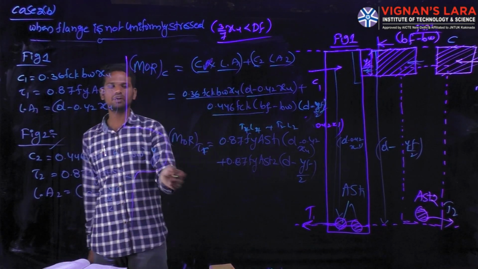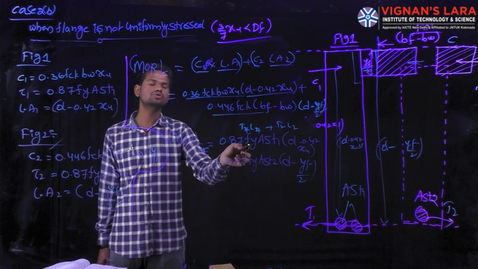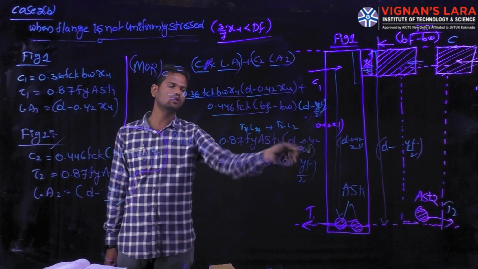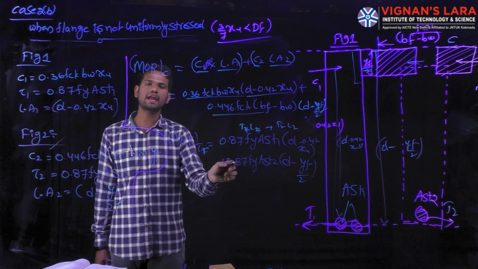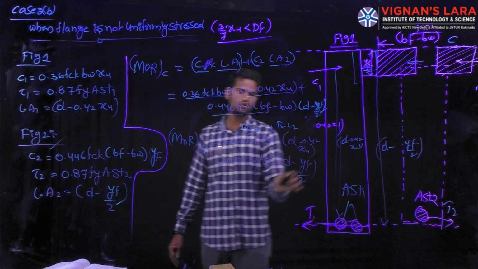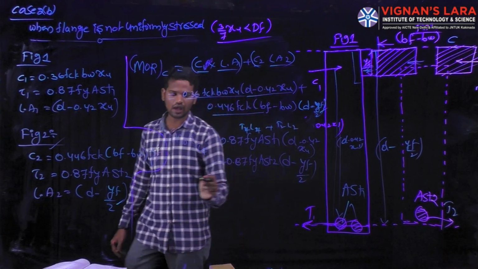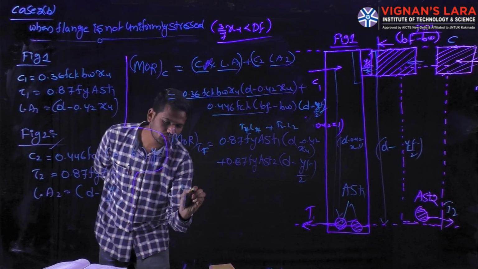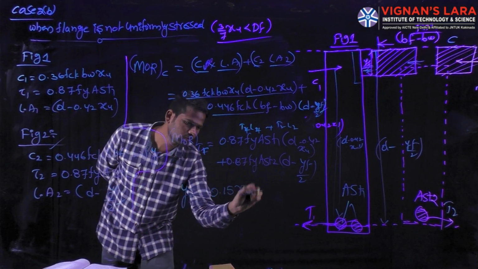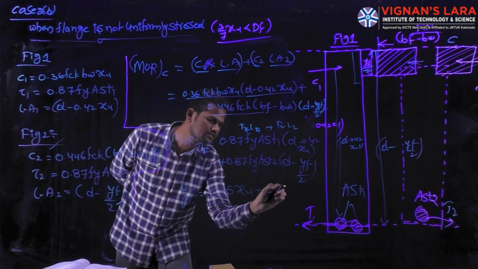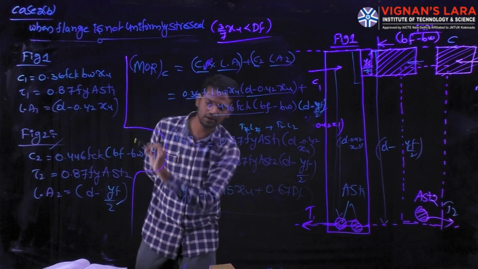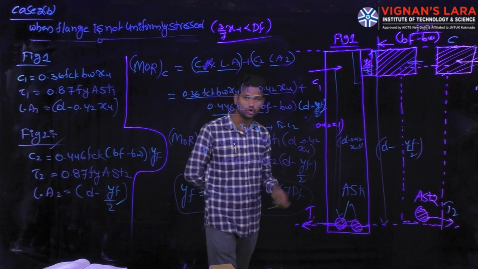Next, the moment of resistance for tension equals 0.87 into Fy into AST1, D minus 0.42 into XU, plus 0.87 into Fy into AST2, D minus YF by 2, where YF is the value we get from YF equal to 0.15 into XU plus 0.65 into DF. This is the value for YF when the stress block is not uniformly stressed.